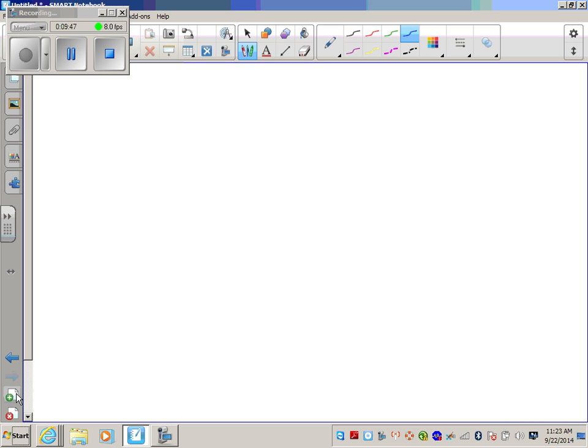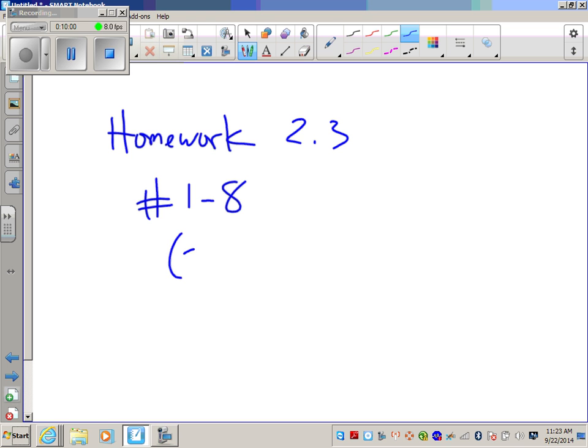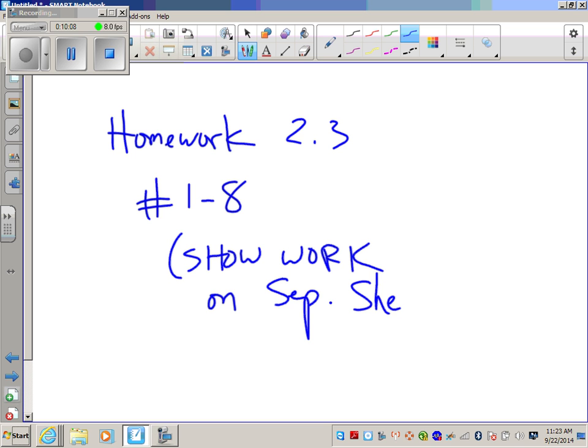The homework side, numbers 1 through 8. Numbers 1 through 8. She'll work on a separate sheet. I'm not even giving you the option of putting your work on the sheet because it's going to be too cramped.